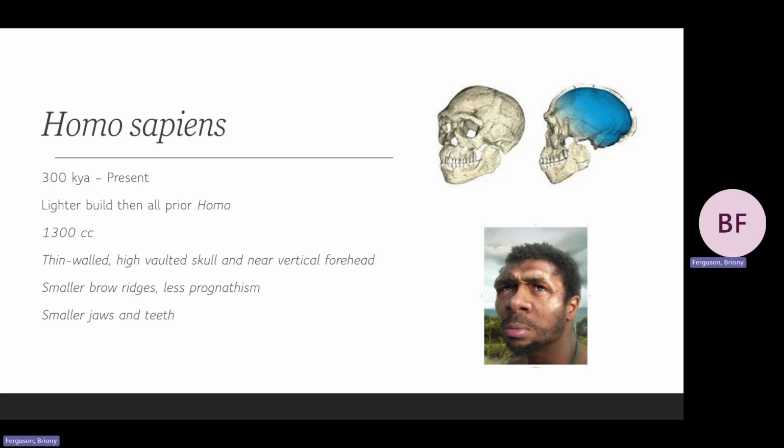We also have smaller brow ridges and less prognathism, so there's a lot less sexual dimorphism in Homo sapiens than in other early Homo species. And then we have smaller jaws and teeth because at this point we are eating much more cooked and processed food. It's softer. Also, Neanderthals, a larger part of their diet was made up of meat, which is tougher.